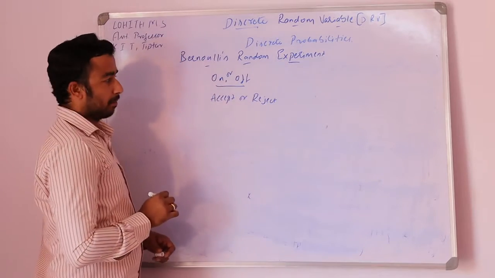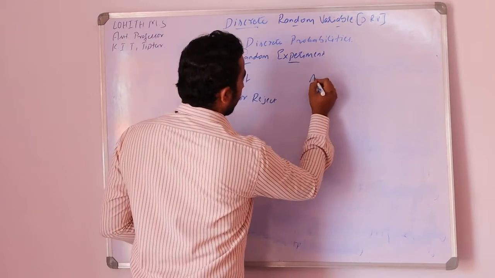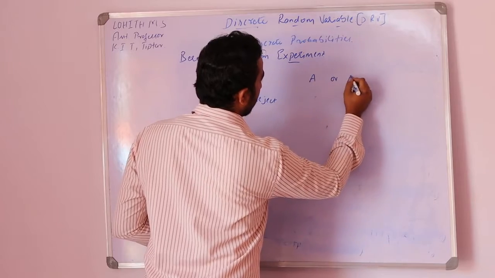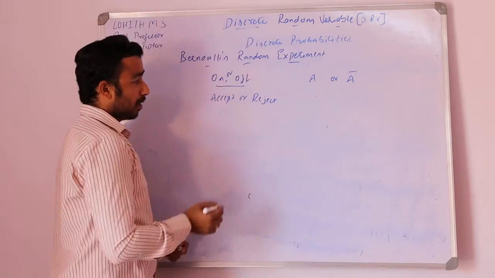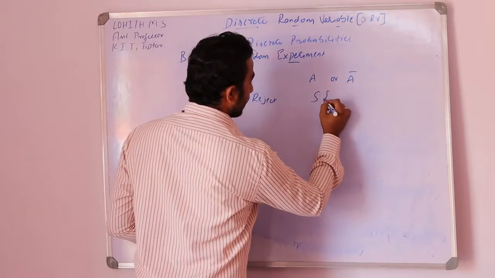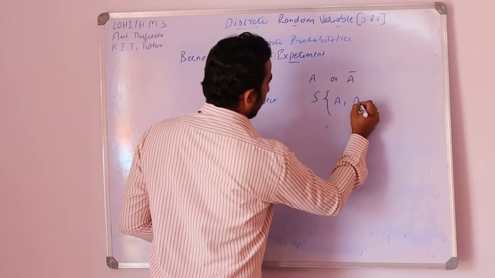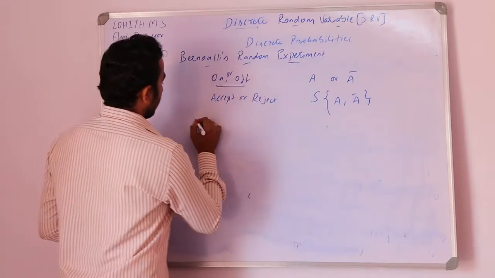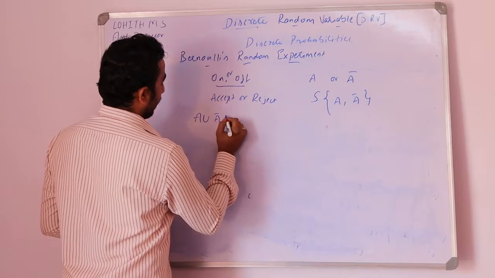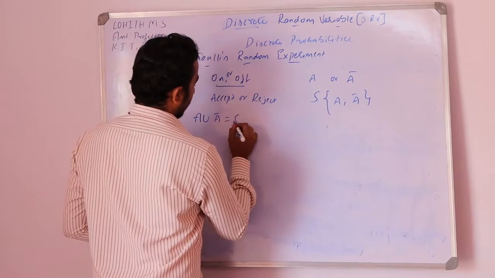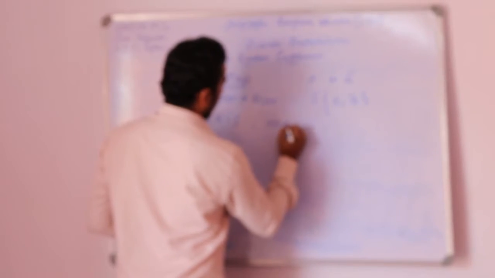So a random variable can be of A or A bar. So the sample space contains A, comma A bar. So we can write this as A union A bar is equal to S. A intersection A bar will be phi, that is the impossible event.